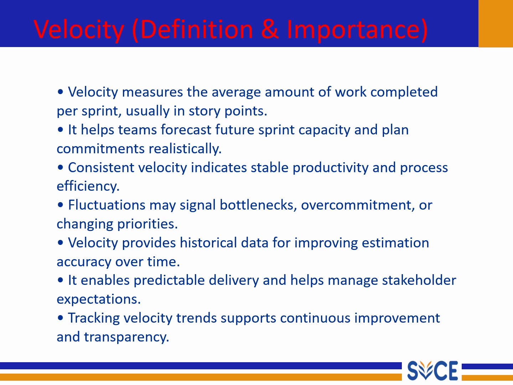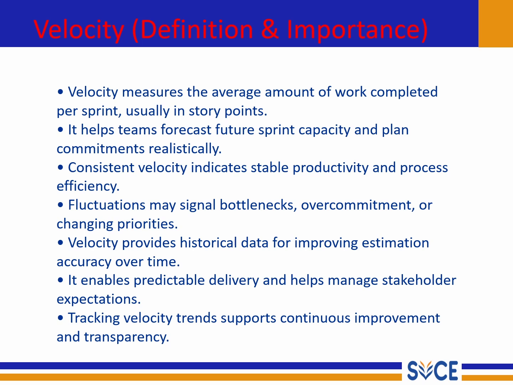Now, let's talk about velocity. It is one of the most widely used Agile metrics. Velocity simply tells us how much work a team completes in one sprint, usually measured in story points.